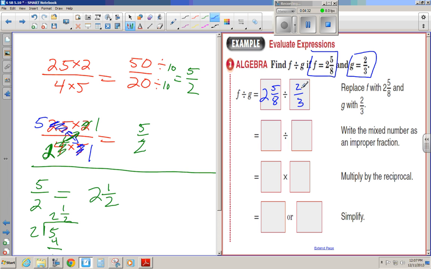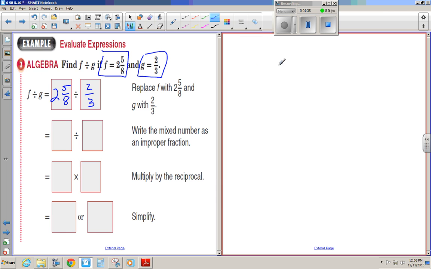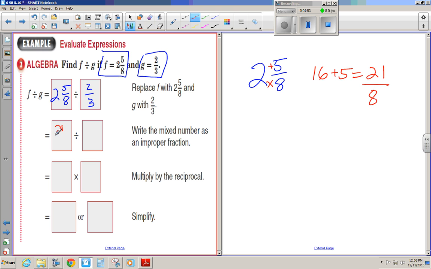And now we need to write mixed numbers as improper fractions. So we multiply, we add, which gives us 21/8. And we're dividing by 2/3, which is just 2/3.